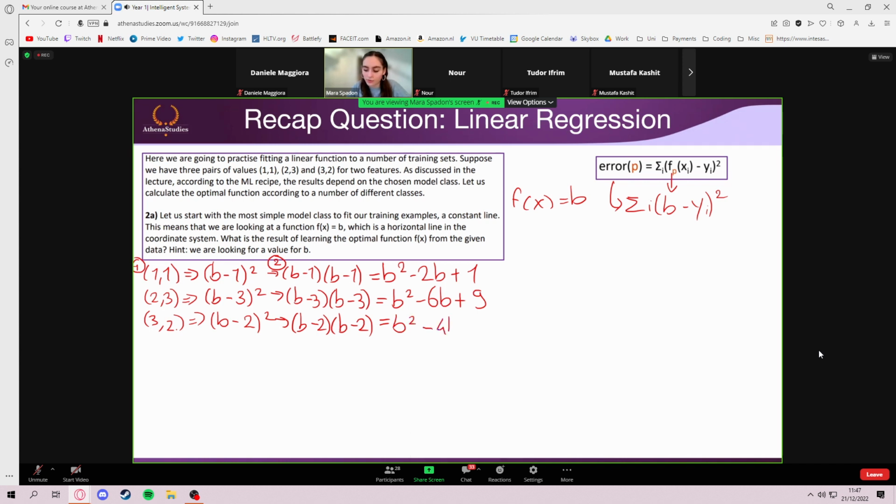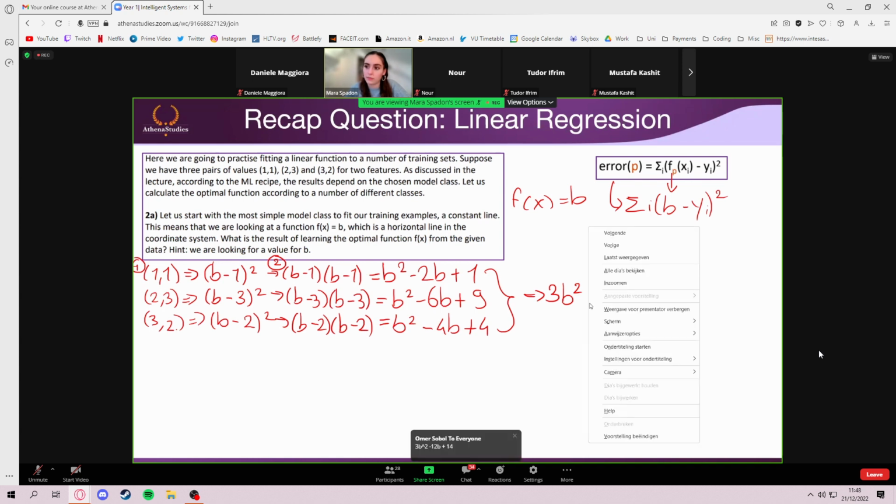And then I think you guys get this one. So for the last one, we have b squared minus 4b plus 4. And we sum these together. So we get 3b squared, and then, yes, exactly, minus 12b plus 14.